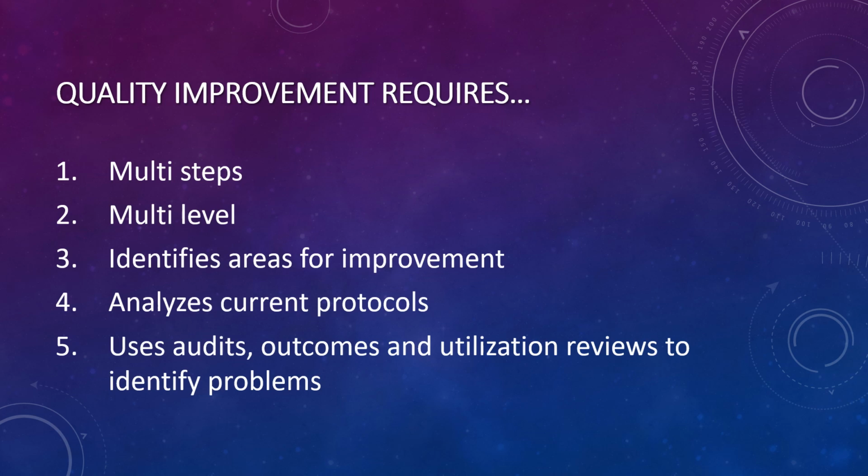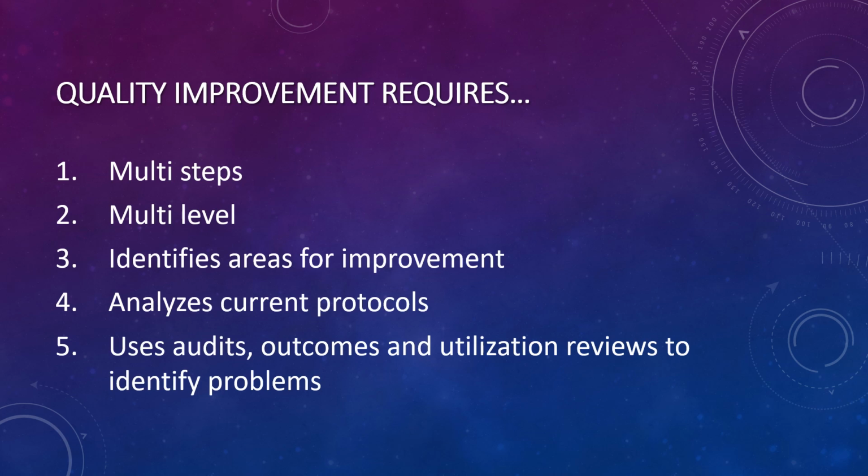This is just FYI under quality improvement requires. We know that it is multi-step, it's multi-level, which means it's across the healthcare system, it's across the interdisciplinary healthcare team. Quality improvement is a platform that continuously looks for areas for improvement.